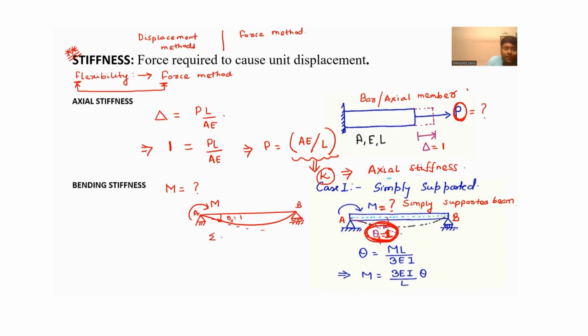Now, when we do summation of moment about point B equal to 0, first, can you tell if we can do summation of moment about point B equal to 0 or not? Yes, sir.